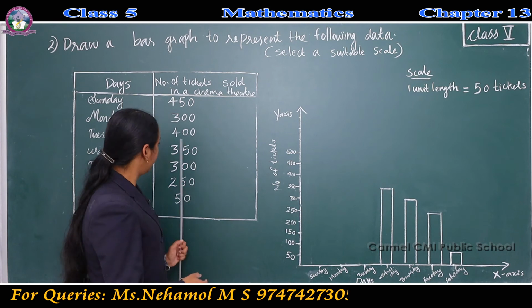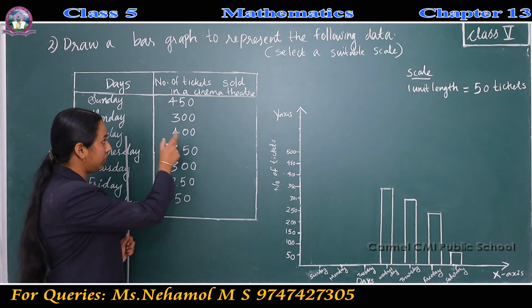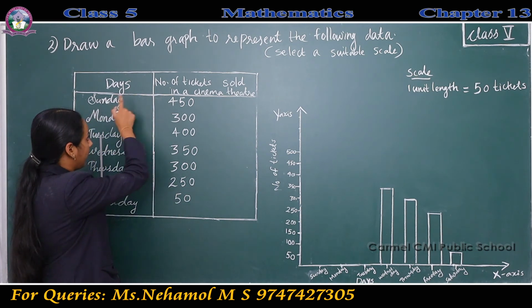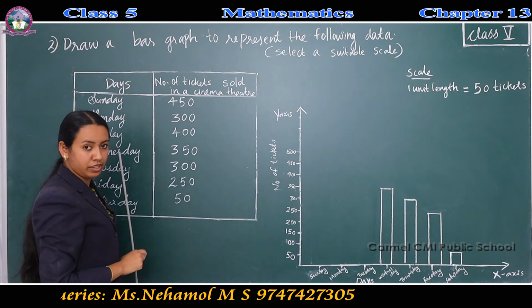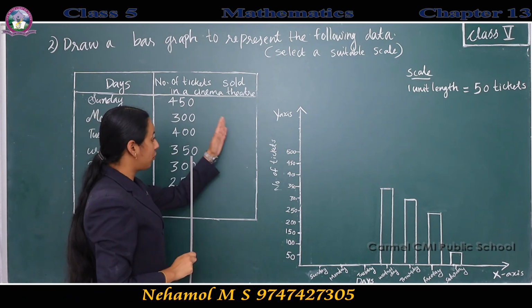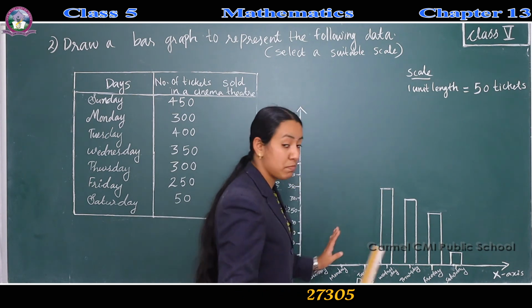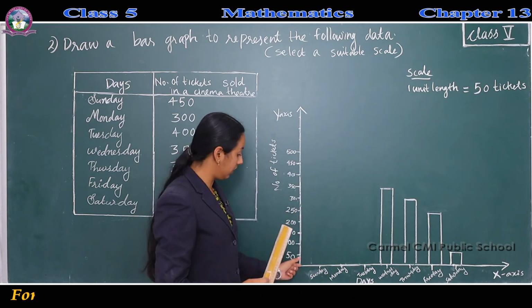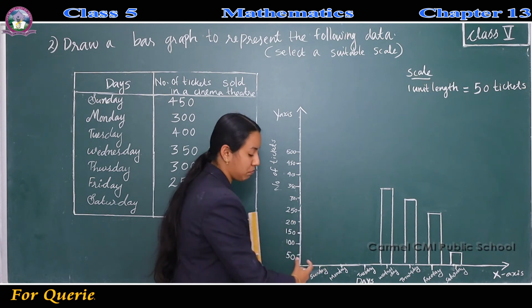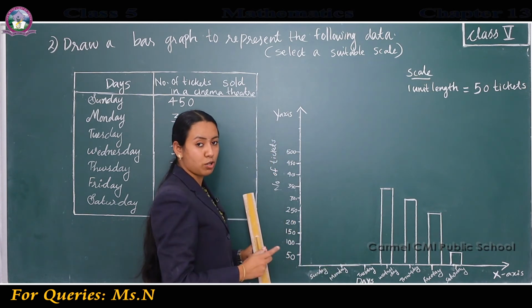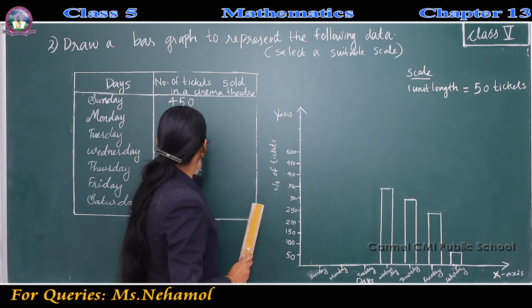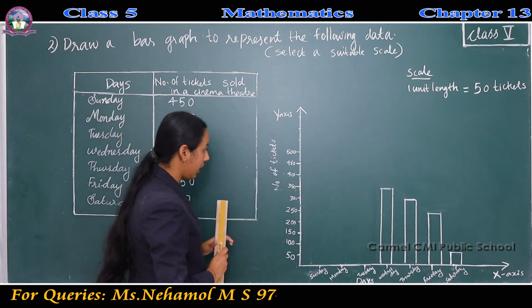Now we can draw our bars. First one, Sunday 450. Then we have to remember bars must be of equal width and the spacing between the bars must also be the same. Sunday 450.